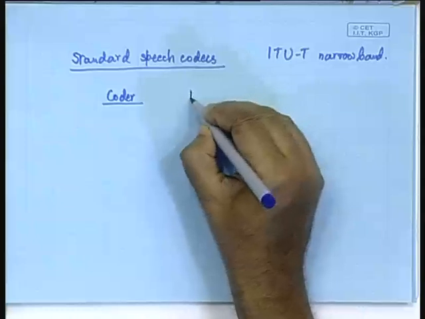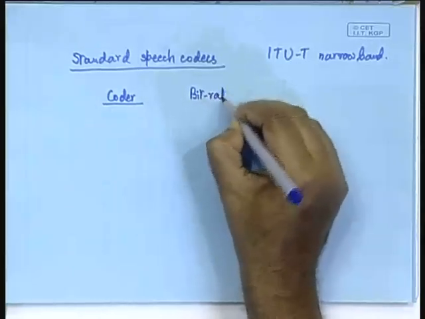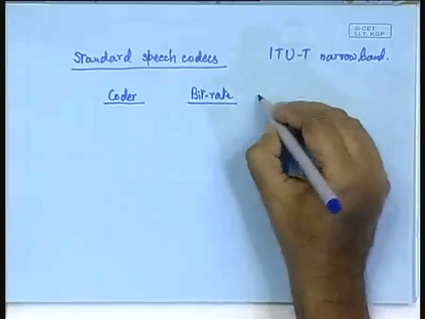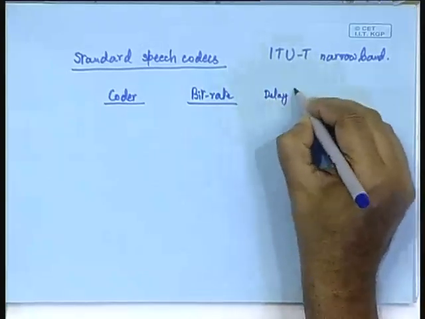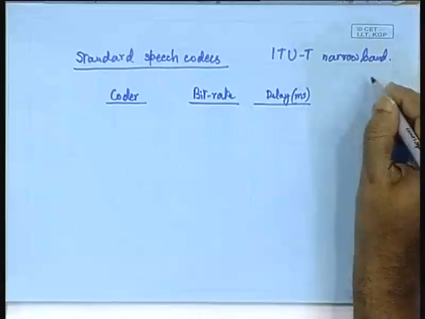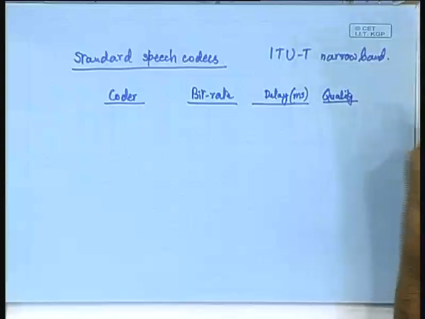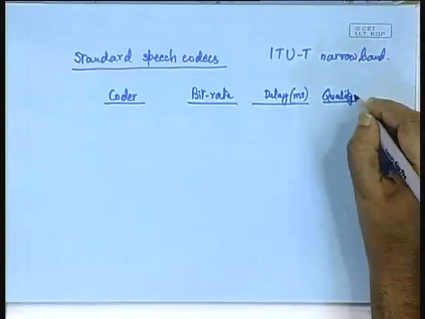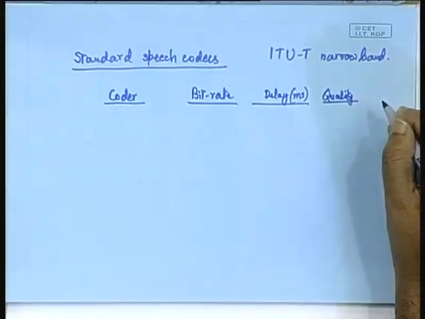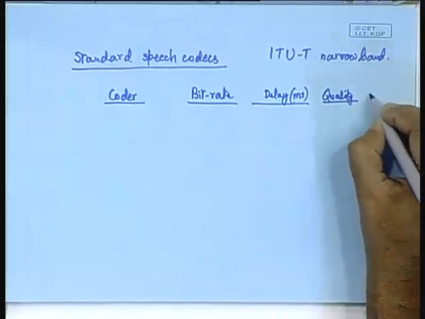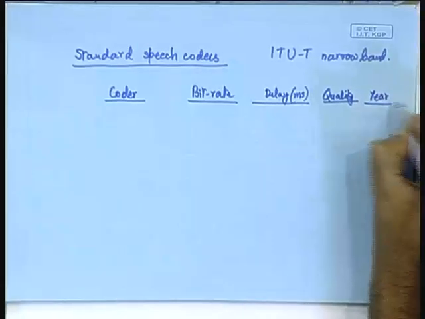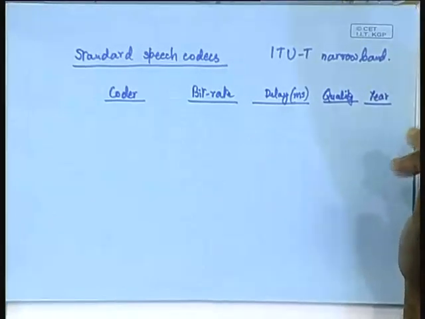And then we also mention the corresponding bit rate for that coder, and the delay, which we specify in milliseconds. And then the kind of quality. Actually, what ITU-T specifies is that it should be of a good quality, which they refer to as the toll quality transmission. So, toll quality requirements, or at least near toll quality requirements, must be met. And then we also say in which year that standard was adopted.